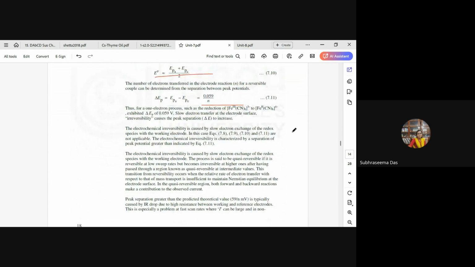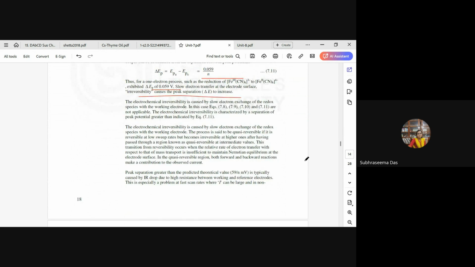Thus for a one electron process, such as the reduction of ferricyanide to ferrocyanide, delta EP has been found to be 0.059 volt. Slower electron transfer at the electrode surface causes the peak separation delta EP to increase. So the electrochemical irreversibility is caused by slow electron exchange of the redox species with the working electrode.